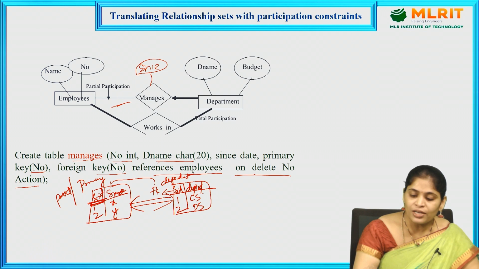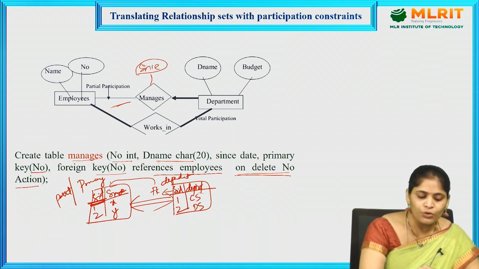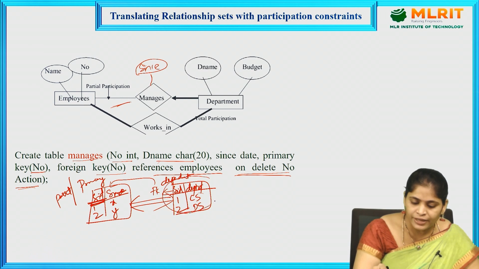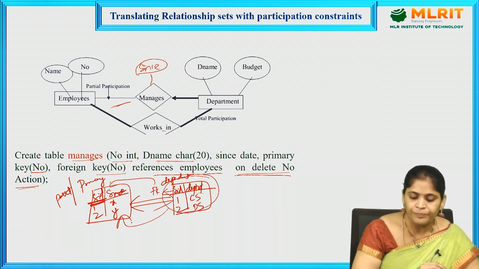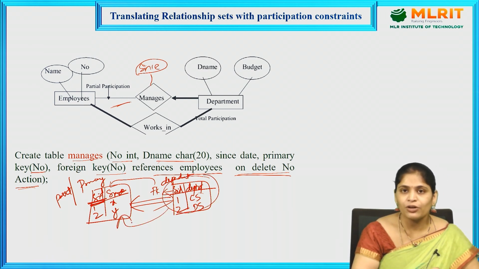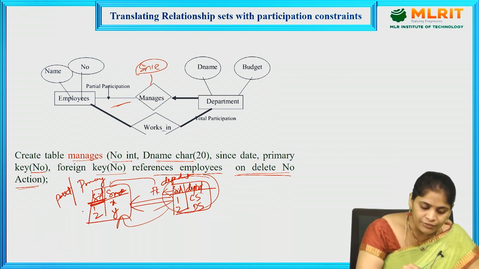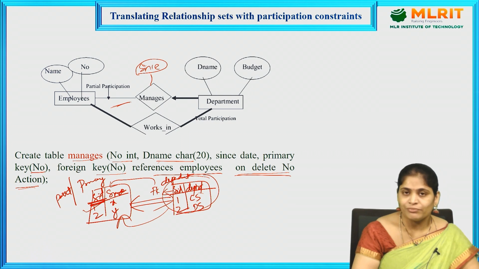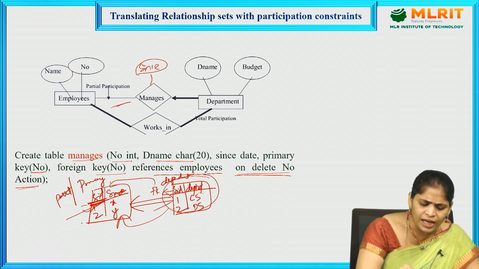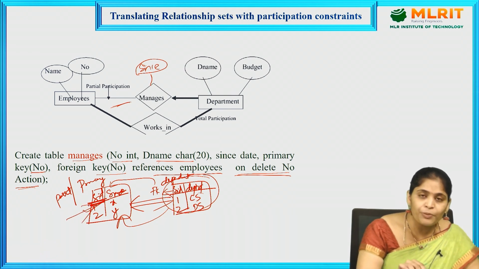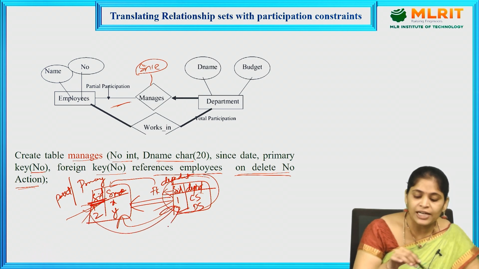So, what is the meaning of on delete no action? If one table is dependent on another table, and we want to delete, for example, student ID 1, can I directly delete it? No. Why? Because based upon this parent table row, a child row exists in the other table.